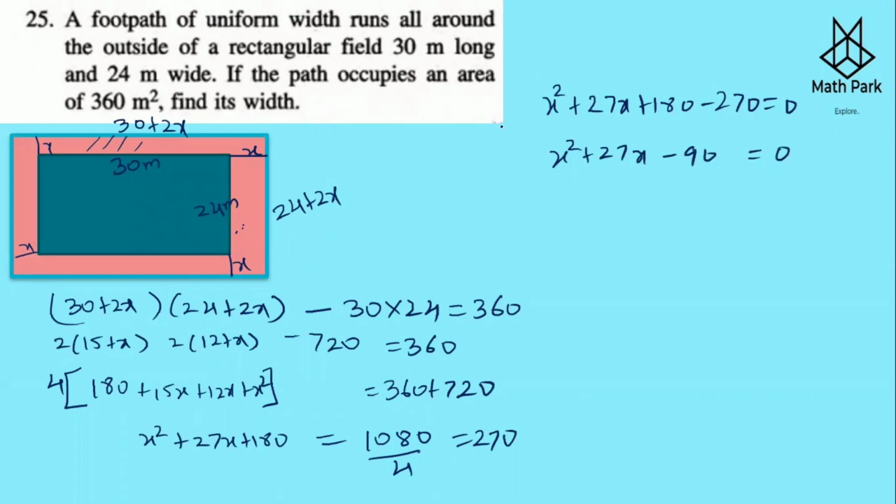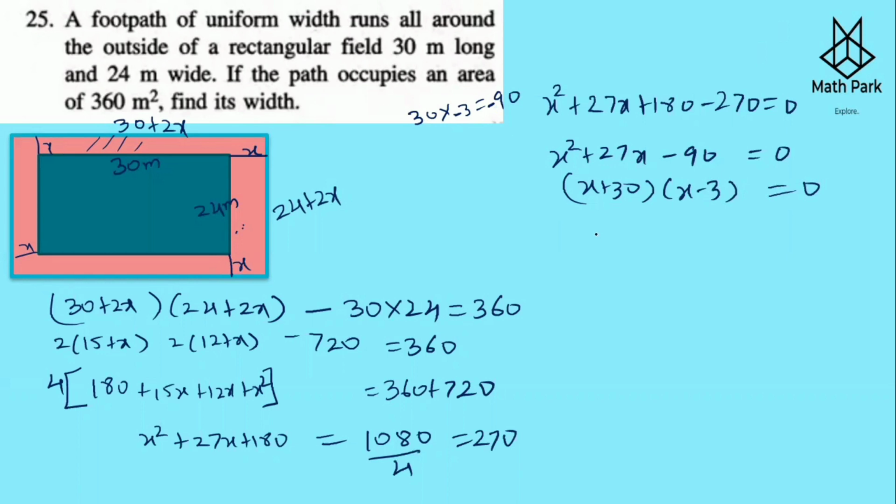Now we need to factorize this. The factors of 90 which will add up to 27. So we know that 30 times 3 is equal to 90, and we have the middle one positive, so it is 30 times minus 3 is equal to minus 90. So the factors are (x plus 30) into (x minus 3) is equal to 0.